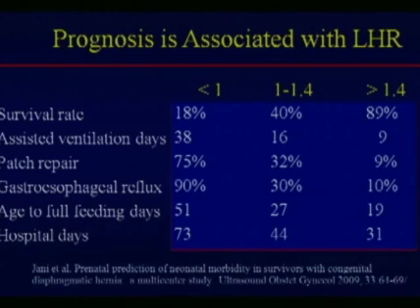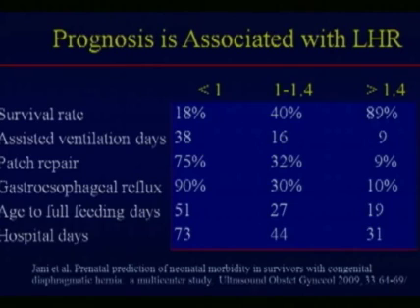Other long-term outcomes that are important, gastroesophageal reflux is a major problem among survivors. And again, this correlates very well with the size of the defect and the need for ventilatory support during that period of time. So less than 1, roughly 90% have GE reflux, whereas when the ratio is greater than 1.4, only 10%.